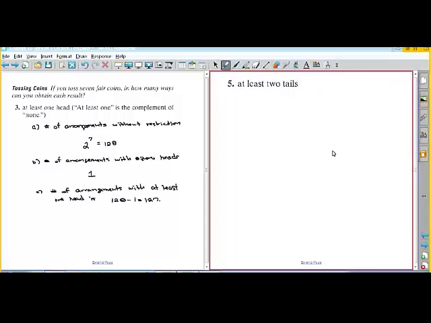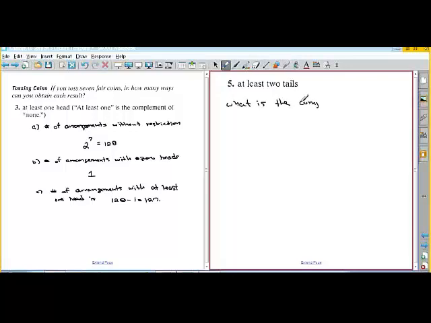Okay, so we did the short way. Then we have, this is number 5, at least 2 tails. So the complement of at least 2 tails would be, let's see if we can think about that.